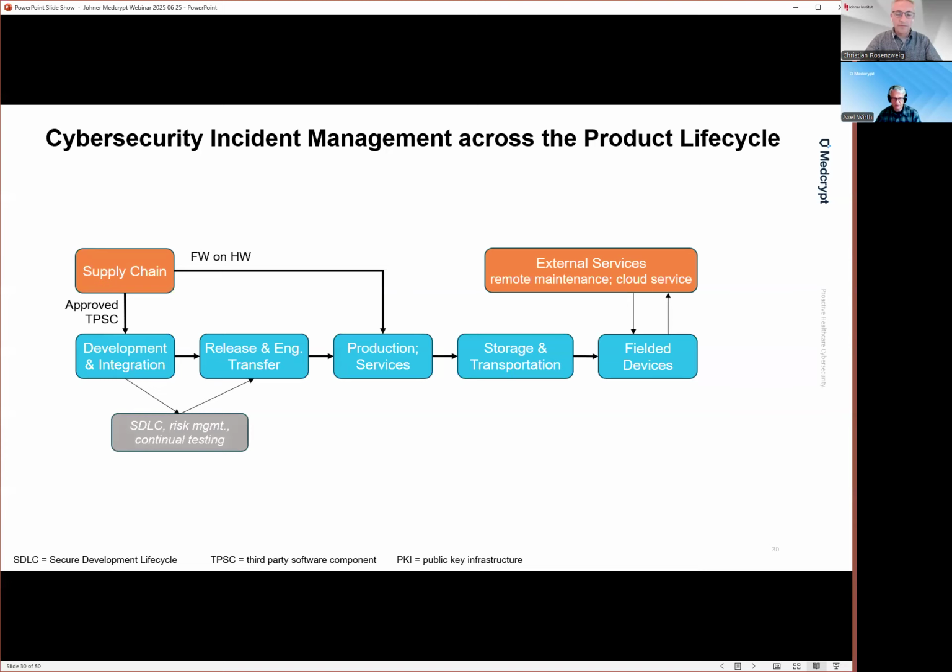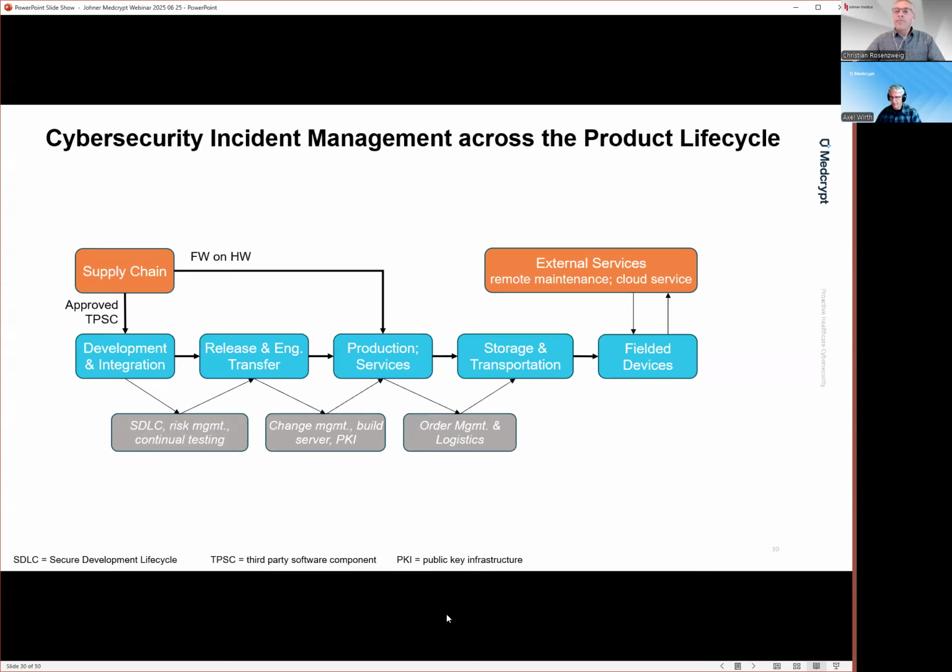And we try to control them by using secure development lifecycle, risk management, continual testing. We have formal change management and approval processes before things go into production. We apply certain architectures. If we use cryptography, for example, we want to make sure that our cryptographic architecture, including key provisioning and PKI, is sufficiently secured.